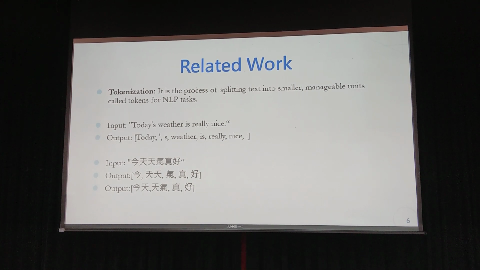While in Chinese, there are two different outputs, which is caused by the different models used for segmentation. So in Chinese, the segmentation issue is very common, and it also appears in mathematics segmentation.